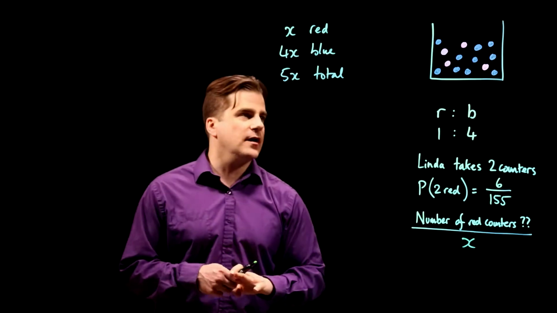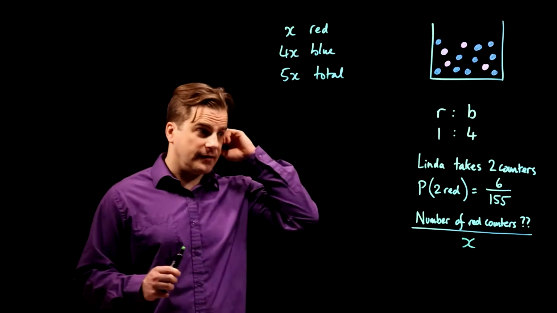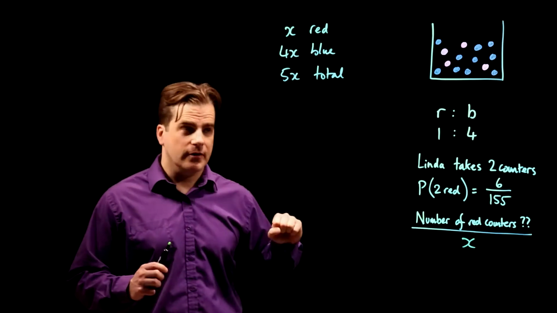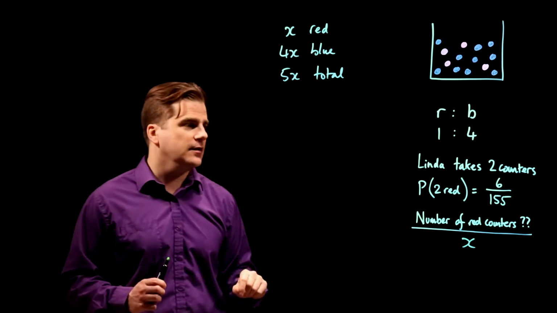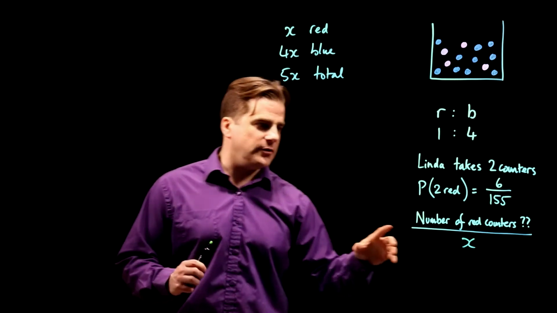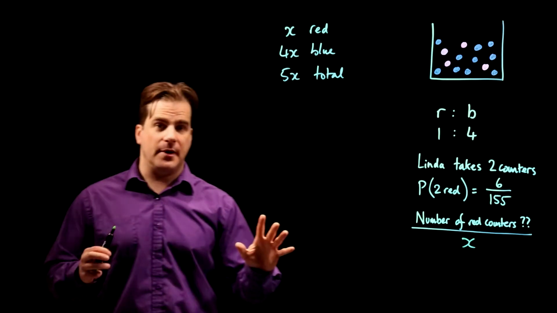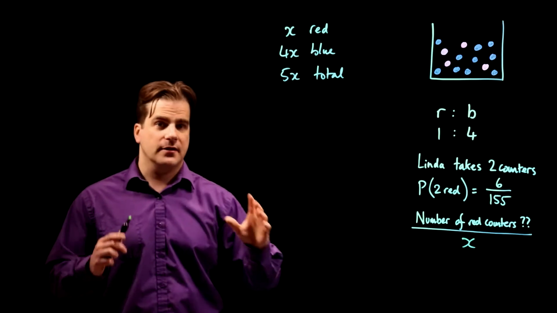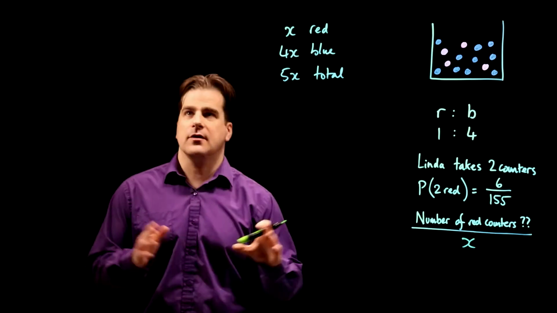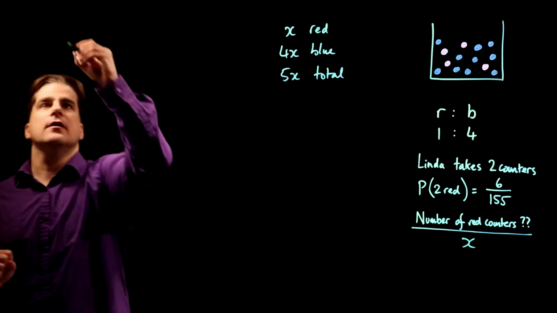Okay, so we're going to treat it, like I said, as 2 separate grabs, one after the other, without replacement, because you're not putting the first one back. So the probability of choosing 2 red is the same as the probability of choosing a red with the first pick and then another red with the second pick. So actually let's write that out.